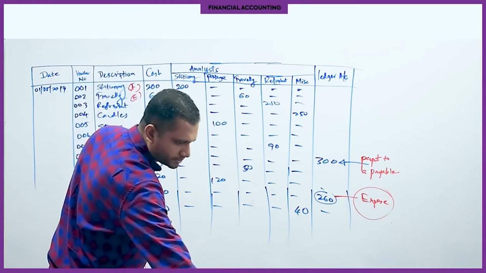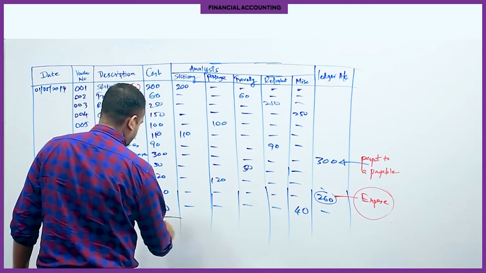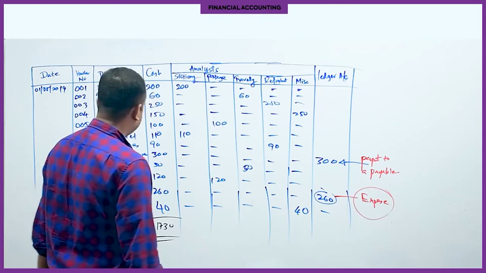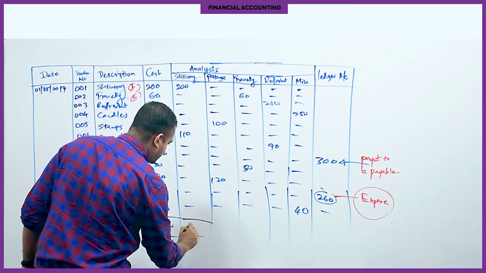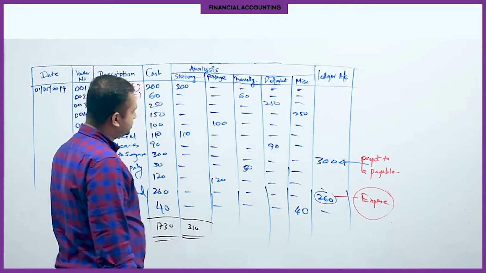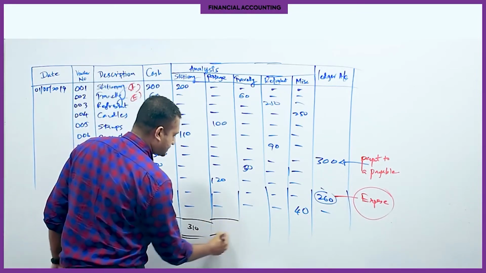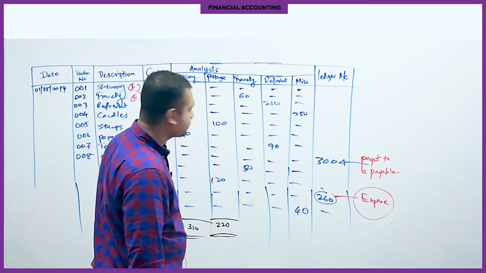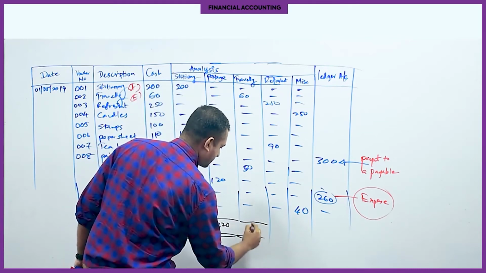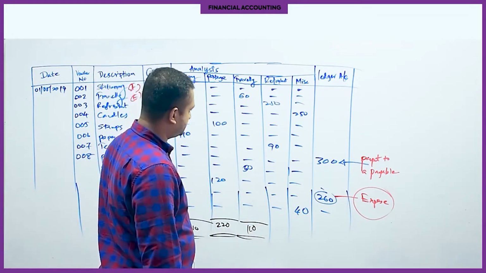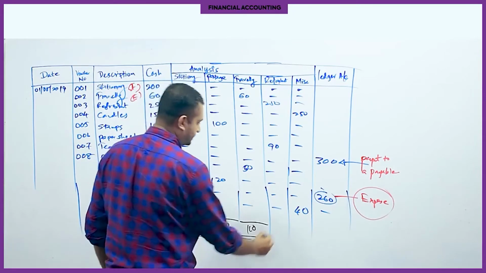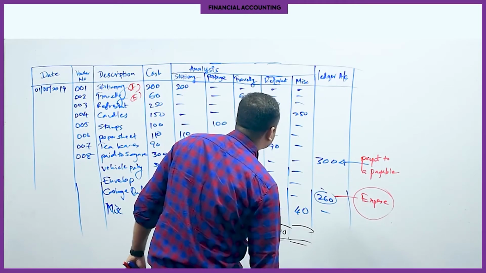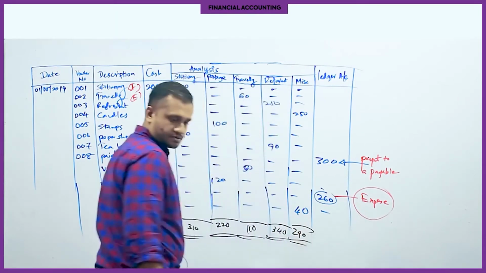So, the total will come to 1730, and the stationery would be 310, you can see the summation, and the postage you can see 220, yes, it is correct, 100 plus 120, and the travelling would be 110, yes, and refreshments it's 250 plus 90, 340, and here you will get 250 and 40, 290, right.